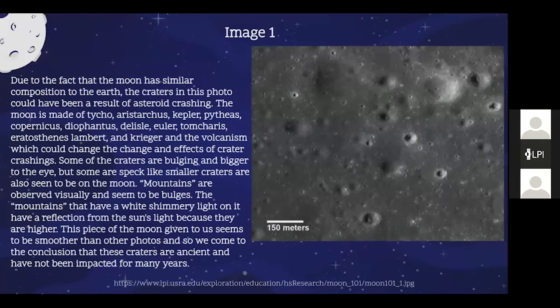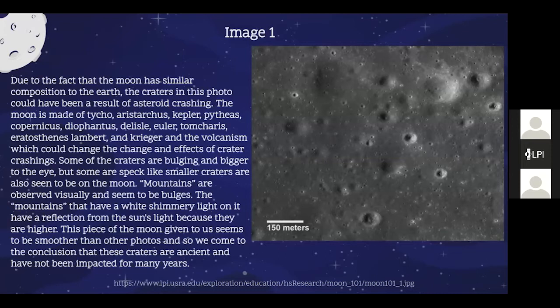We noticed in image one that since it has similar composition to the Earth, we used uniformitarianism. We noticed that the craters were a result of asteroids crashing.